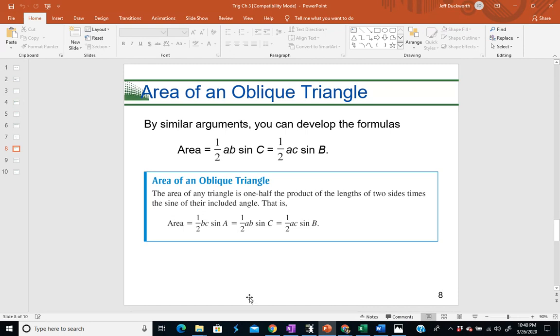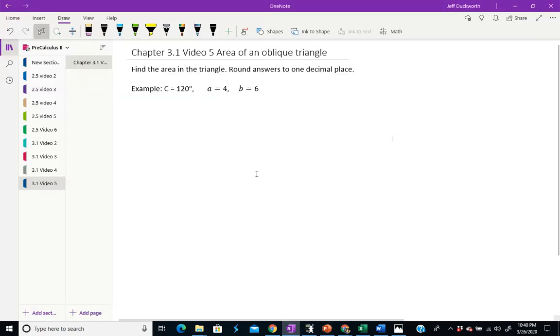So let's take a look at an example. Here, we have the degree of angle C is 120. Our length of a is 4, and our length of b is 6.